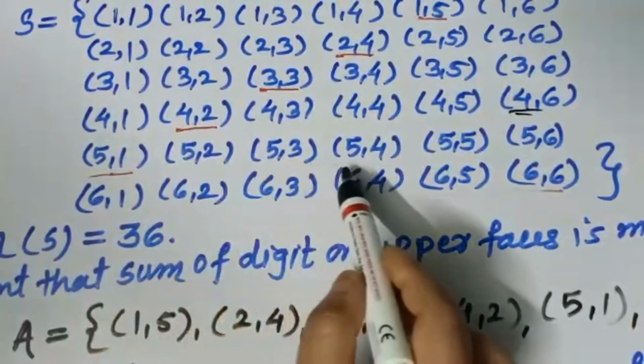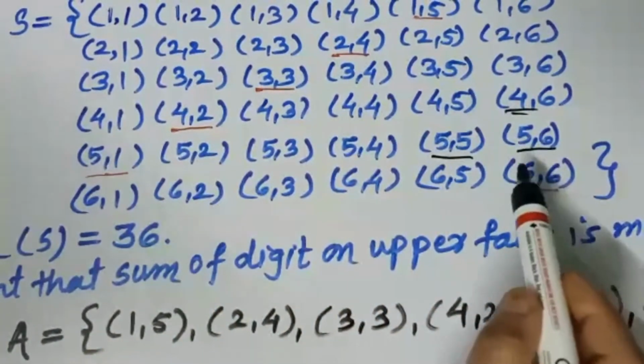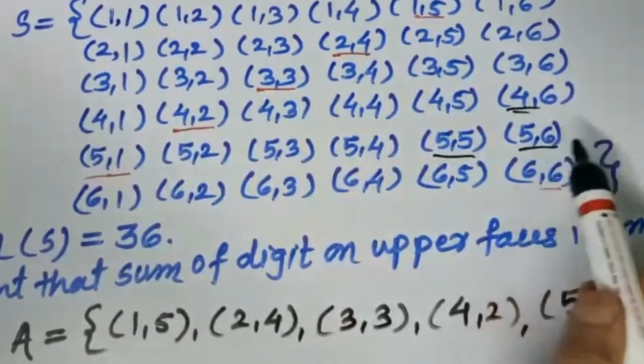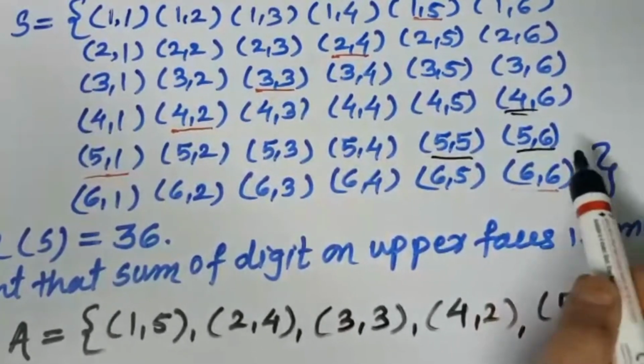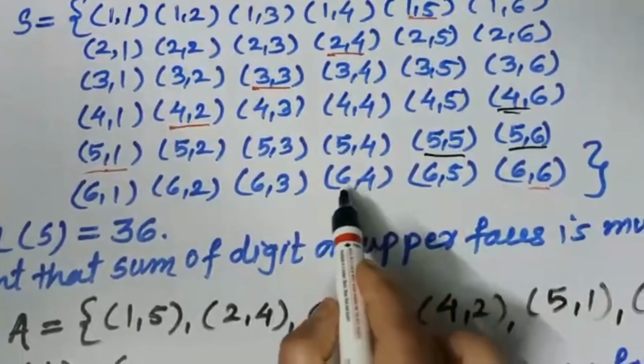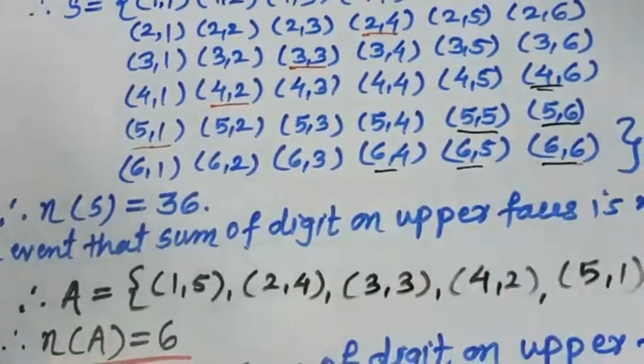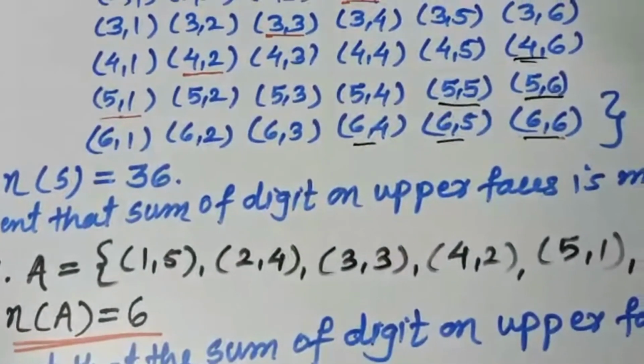Then the next one is 5 plus 5, 10. 5 plus 6, 11. Again here, 6 plus 4, 10. 6 plus 5, 11. And 6 plus 6, 12. So these points we have to take.